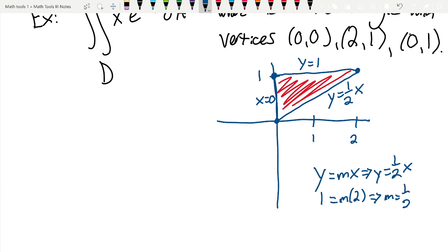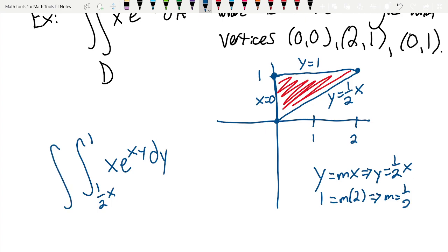So we need to take that into account here. We're going to need to integrate from the line y equals 1/2 x to the line y equals 1 for this function, starting with the dy. Now we don't normally write y equals on here; I'm just writing it out to show you exactly what it's referring to. You could just write 1 up here and 1/2 x down here, and that's fine.